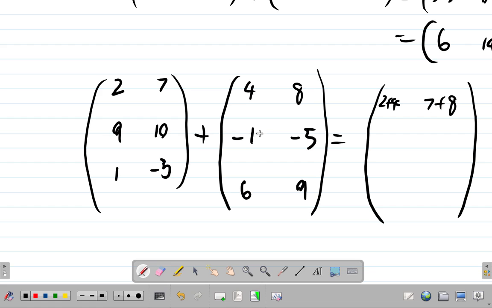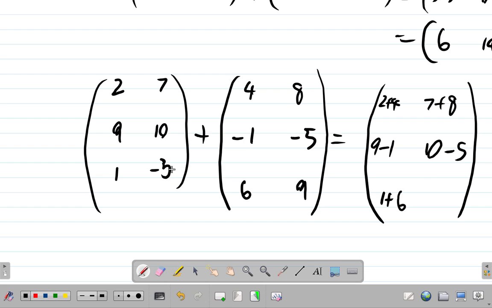9 plus negative 1, same as 9 minus 1. It's row 2, column 1 plus the element in row 2, column 1. The element in row 2, column 2, which is 10 here, plus the element in row 2, column 2 here, negative 5, so 10 minus 5. In row 3, column 1, you have 1 plus row 3, column 1 over here, which is 6.